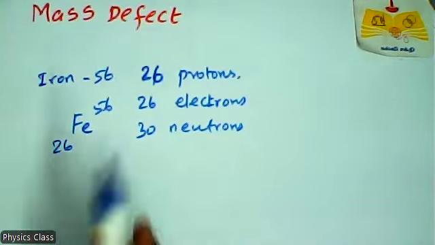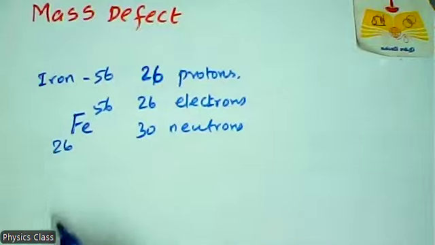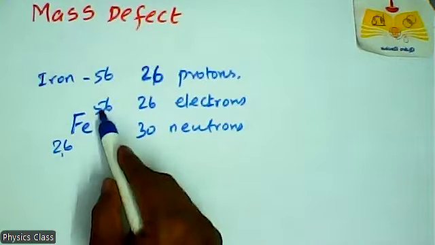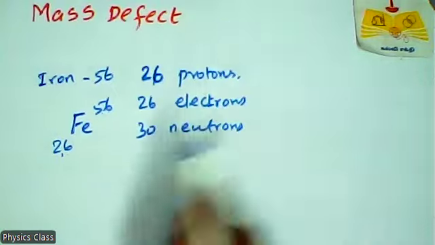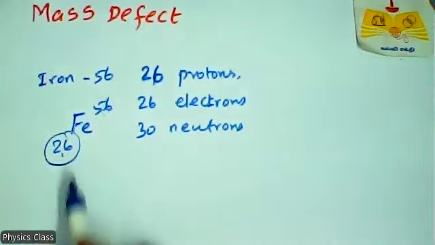So this is the chemical element iron: 56, 26. So 26 protons, 56 minus 26 gives 30 neutrons, and 26 electrons, because the number of protons is the same as the number of electrons. Okay.